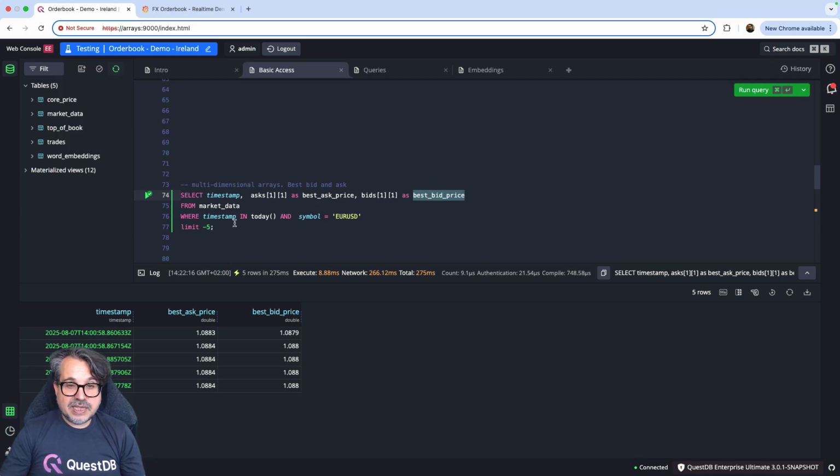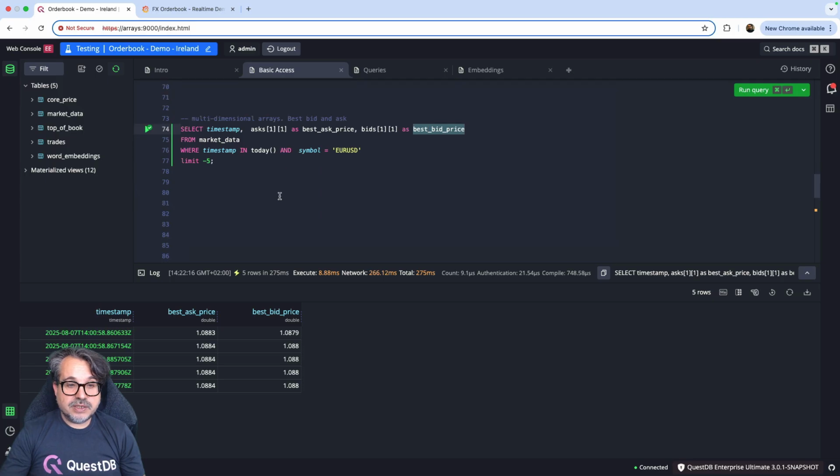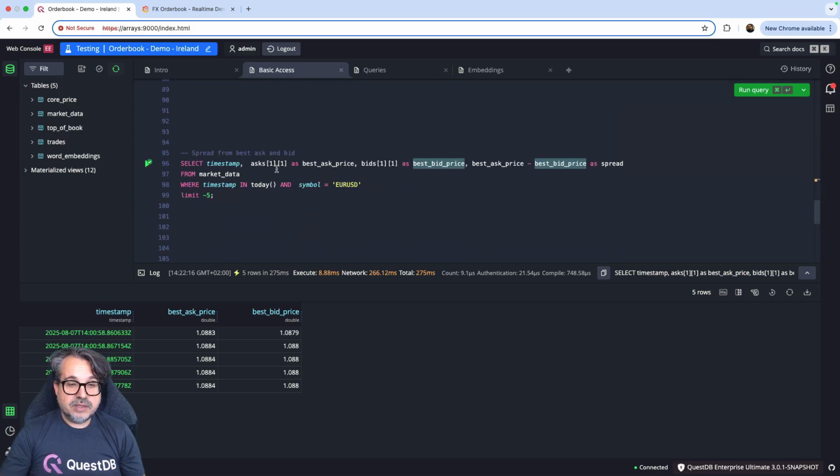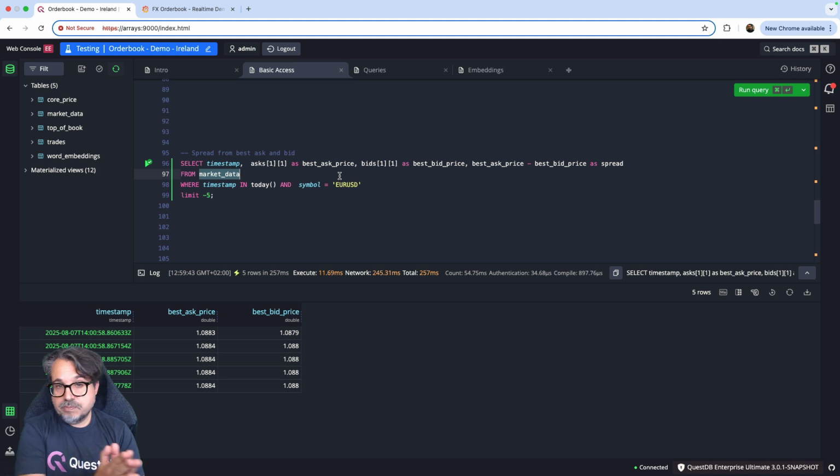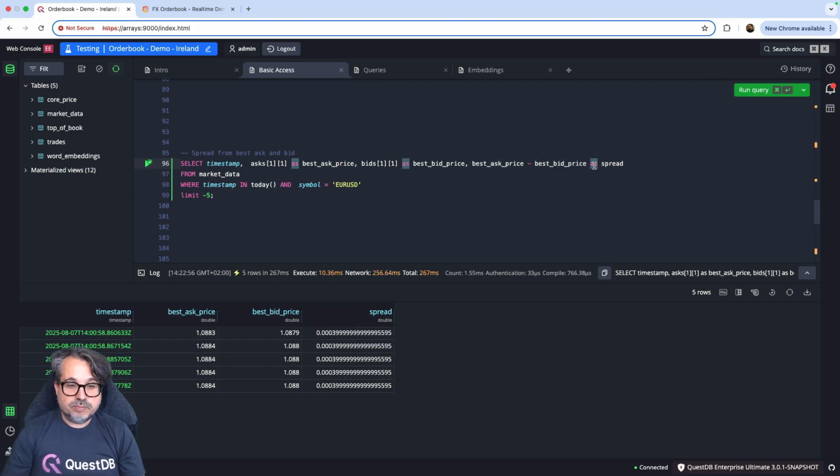And since I have this data, I can actually do some operations. I can get the spread. The spread means the difference between the best asking price and the best bidding price. So in this case, since I can get the 1 1 on the ask for the best ask price and 1 1 in the bids for the best bid price, I can just subtract one from the other and I'm getting the spread.